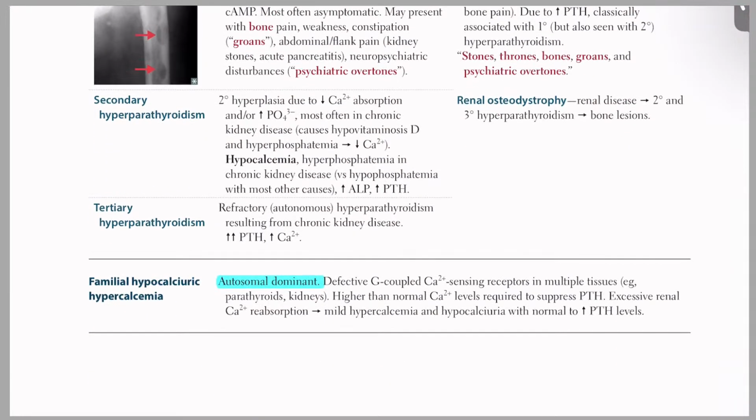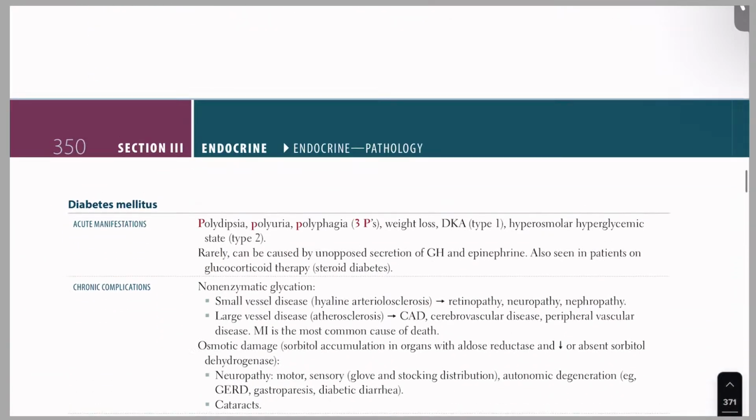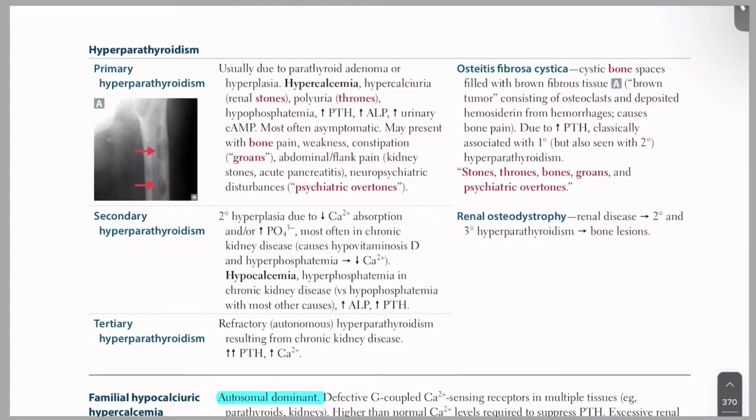Secondary hyperparathyroidism: secondary hyperplasia due to decreased calcium absorption and/or increased phosphate, most often in chronic kidney disease, causing hypovitaminosis D and hyperphosphatemia, decreased calcium.